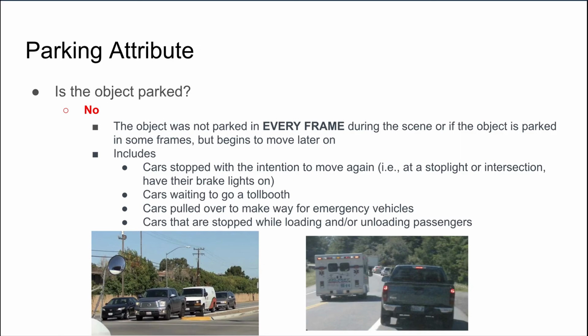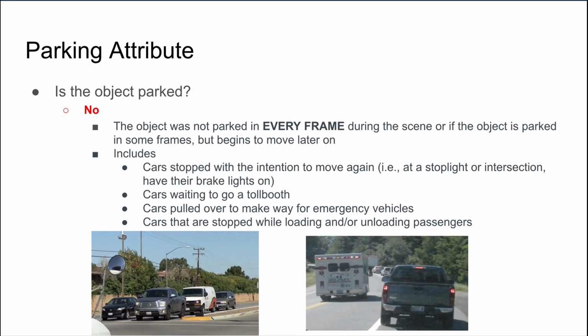You would select no on the parking attribute if the object was not parked in every frame during the scene, or if the car is parked in some frames but begins to move later on. You don't want to put the parked attribute as yes in those frames.